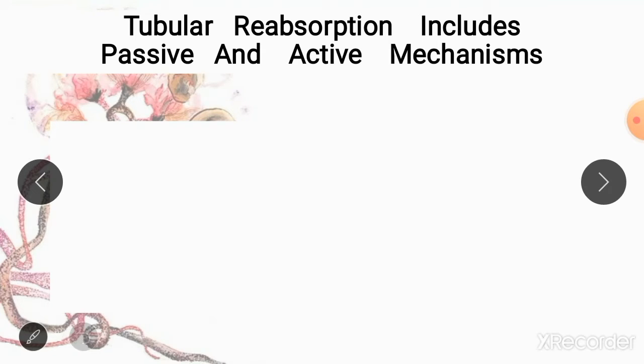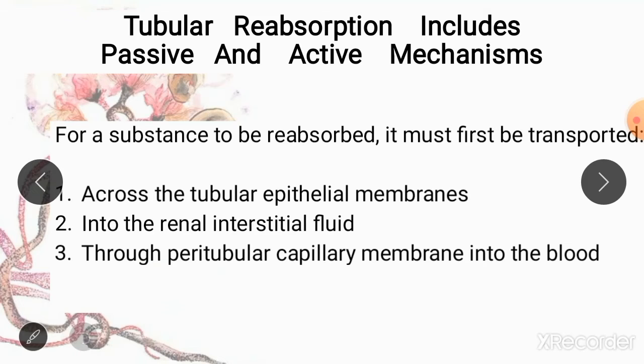Then there are various mechanisms for tubular reabsorption. Some of these require ATP and are active mechanisms, while others do not require ATP and are passive reabsorptive mechanisms. For substances to be reabsorbed, you must know the pathway of reabsorbed substances.